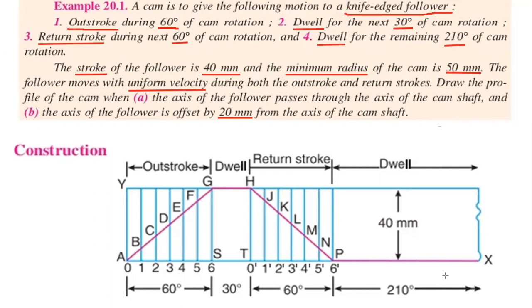So I am taking here 1 centimeter is equal to 10 degrees. So I am taking this scale as 1 centimeter is equal to 10 degrees.